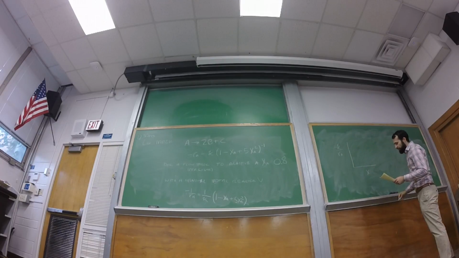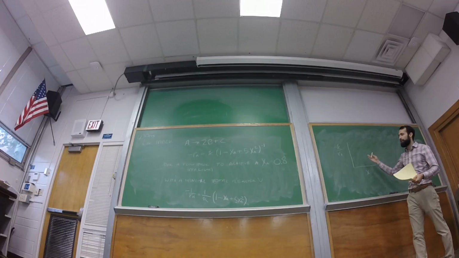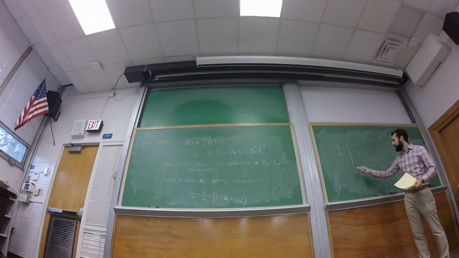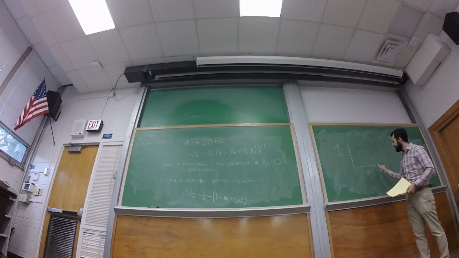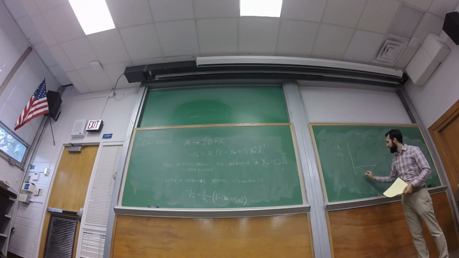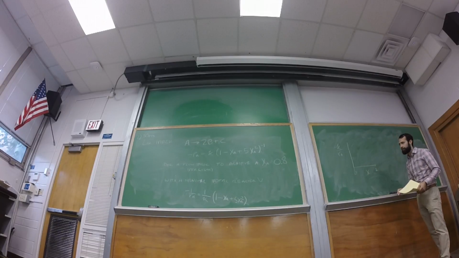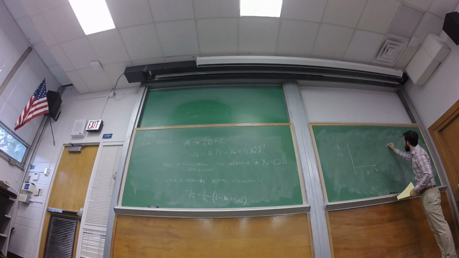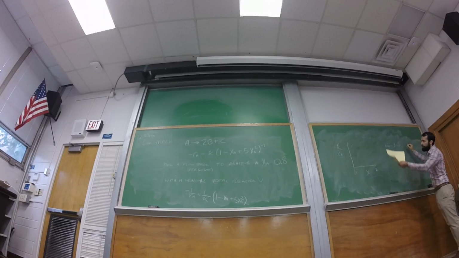Okay. So how do I make a plot from nothing? Well, what's a good place to start? 0. Is conversion bounded? Yeah. So let's start with the limits of conversion, right? Okay, so when x is equal to 0, what is -k over RA equal to?